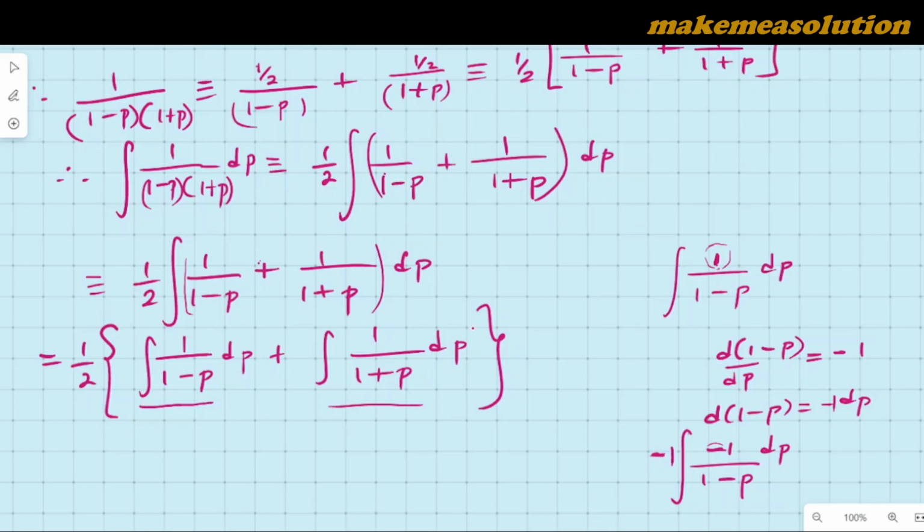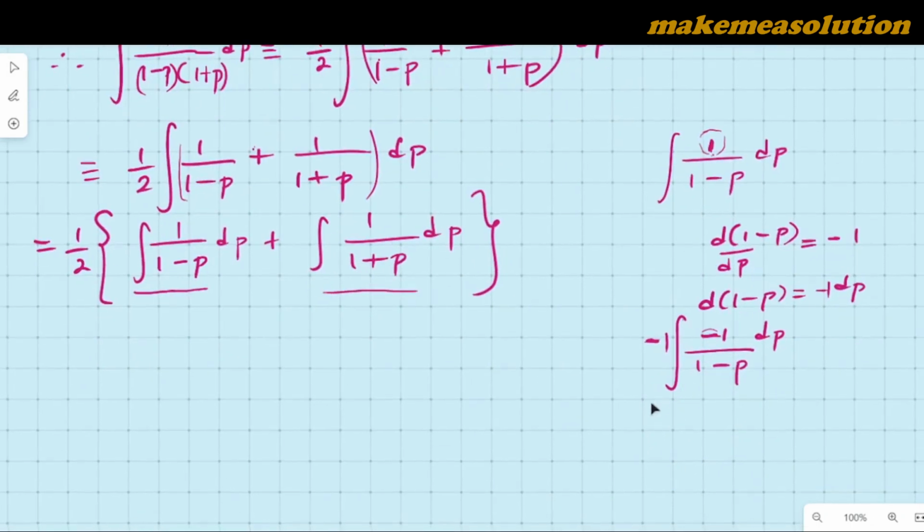The reason why I had to introduce this minus sign inside here was to make the process of integration simpler, so that it becomes minus 1 integral of, so minus 1 dp now becomes d of 1 minus p, and this is now in the form integral of 1 over something d something. When you integrate 1 over something d something, you're going to get ln of what?